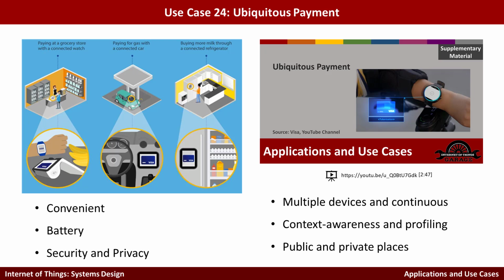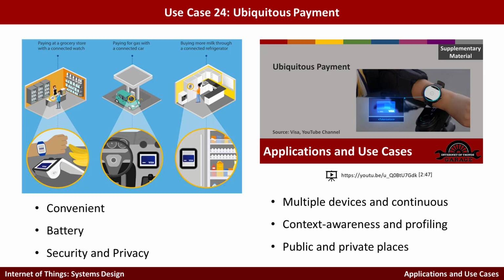These devices need to be context aware, and they have your profile embedded, so they know your patterns. If someone tries to mimic you, these devices will detect a fraudulent transaction. One downside, compared to a bank card, is that these devices may depend on batteries. For example, if your watch battery goes down, you might not be able to make the payment.